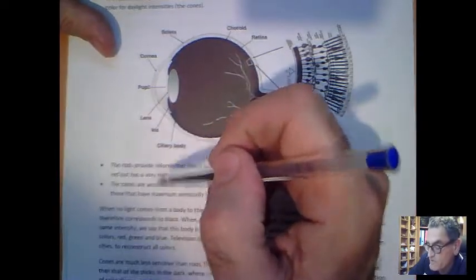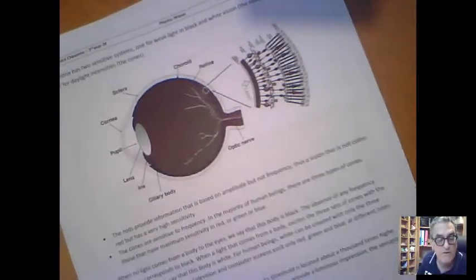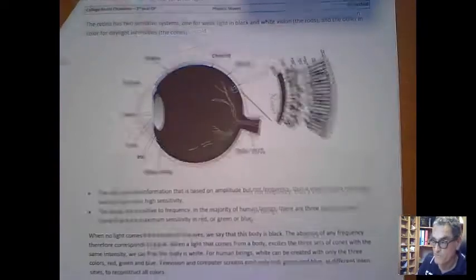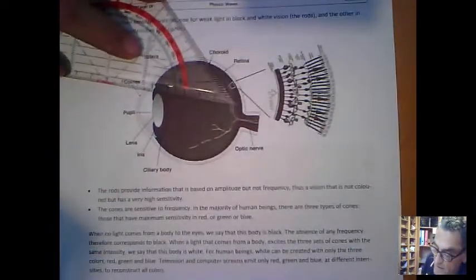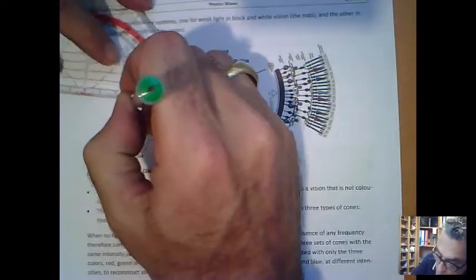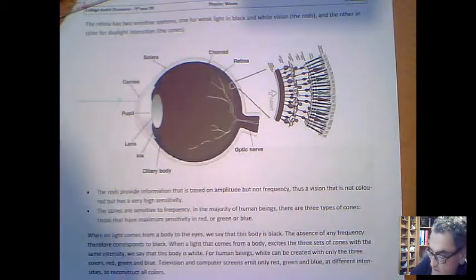So if you have a ray of light which arrives, let's assume this drawing is okay from the point of view of shapes, and let's assume we have a ray of light arriving, let's say, like this. Where does it go?